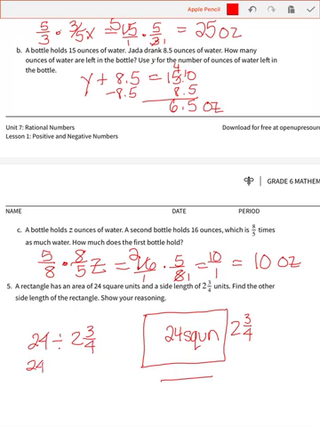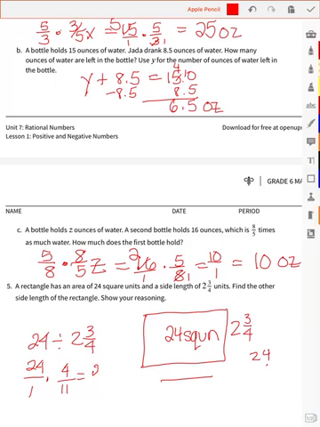And 24 times 4 11ths. My pencil died. Yikes.